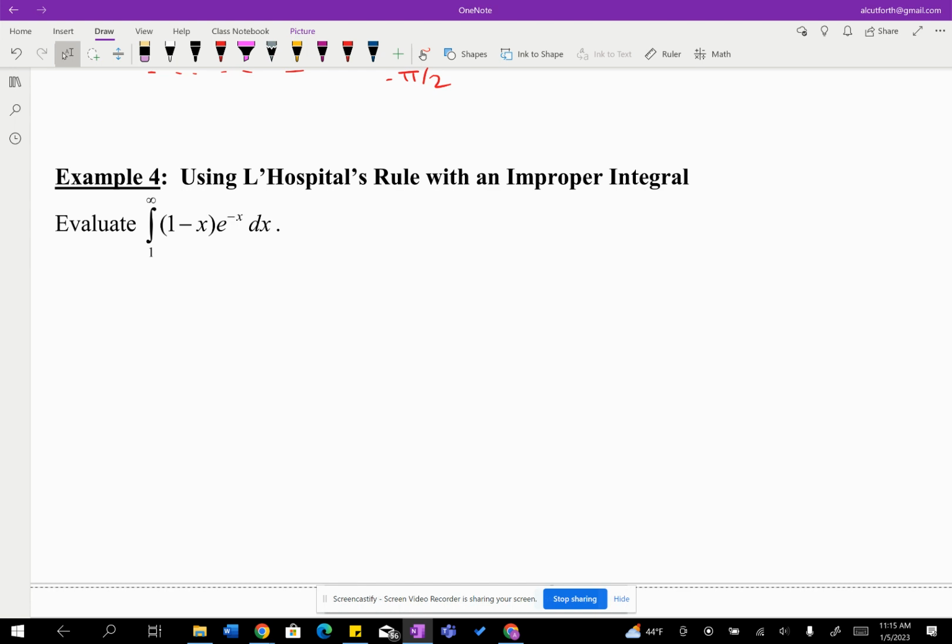Okay. So for this guy here, we have an improper integral because of the top limit. So let's replace that with a letter. We have to find the antiderivative of this thing.